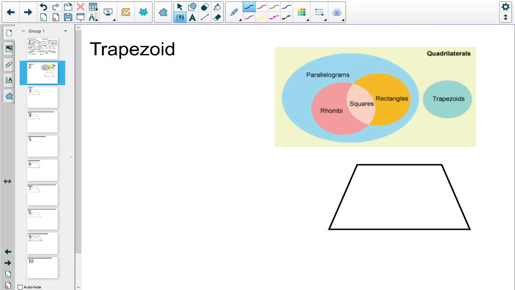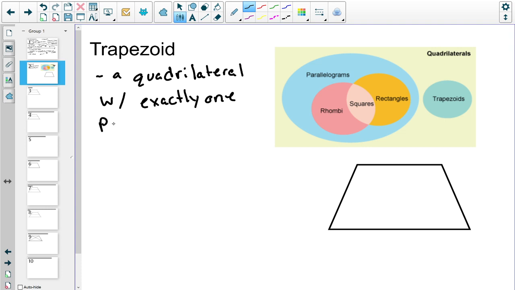So a trapezoid is a polygon. I guess we could classify this further as a quadrilateral with exactly one pair of parallel sides.